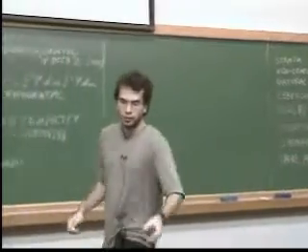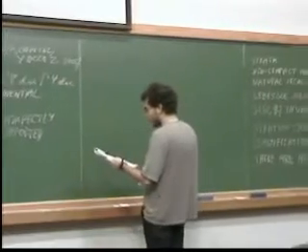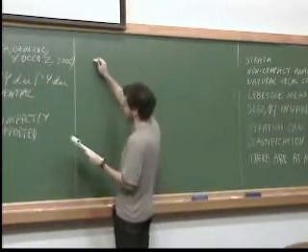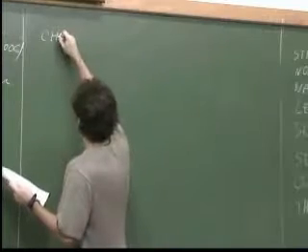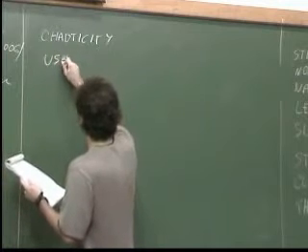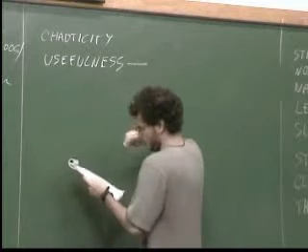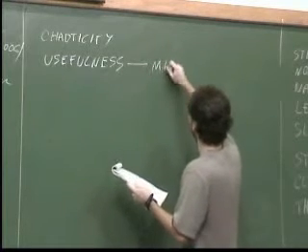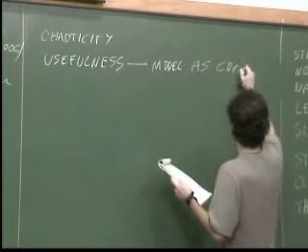What's very helpful is to know that it behaves as a coin toss. So this is chaoticity. Its usefulness in the analysis is to model the system as a coin toss.